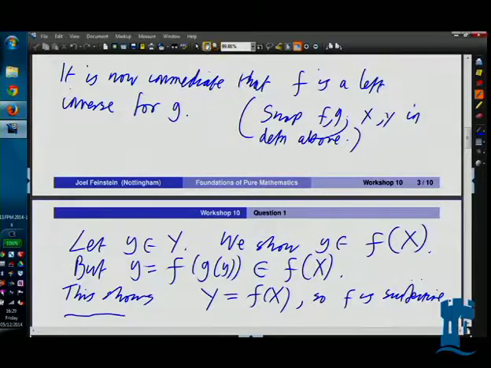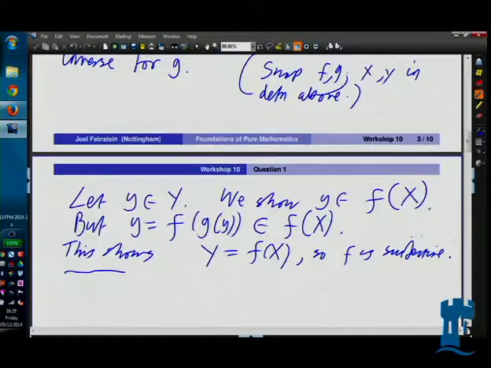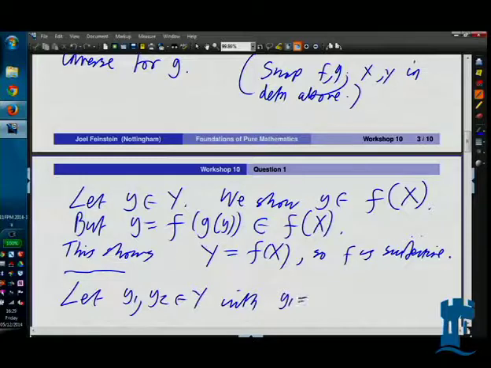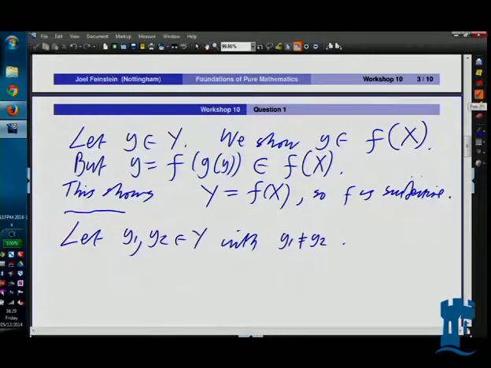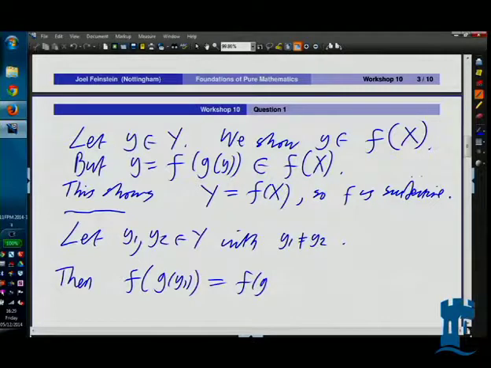Now to show that g is injective, let y1 and y2 in Y with y1 not equal to y2, if there are any, of course. Assuming Y's got at least 2 points. Then f of g of y1 equals y1, which is not equal to y2, which is equal to f of g of y2.